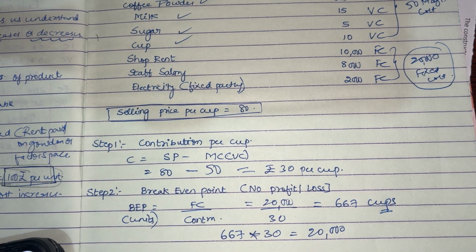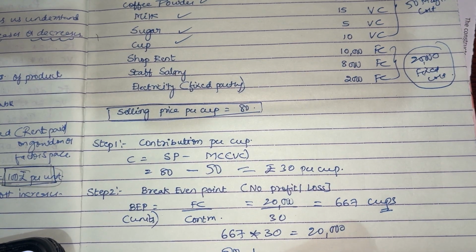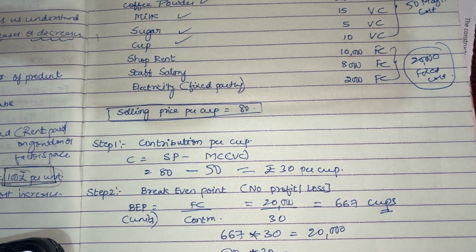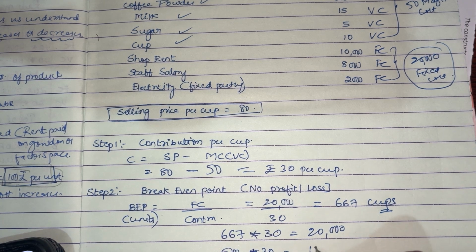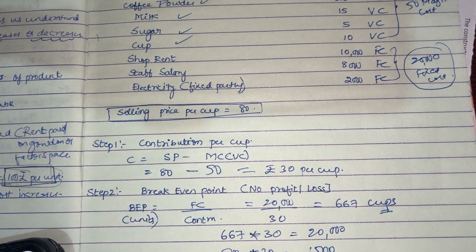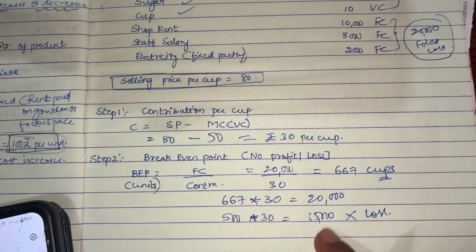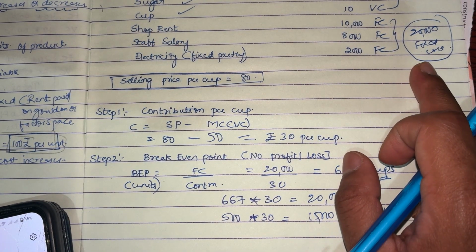Say for example, if you are selling only 500 cups into 30 rupees, you will land up earning only 15,000, which is a loss, because you are not in a position even to recover your fixed cost.